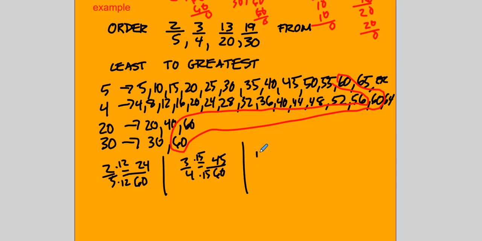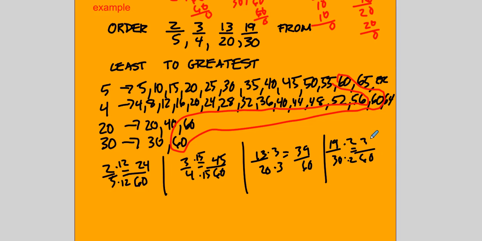Then 13/20 multiplied by 3 over 3, that's 39 over 60. Okay, so that's in between the other two. And finally 19/30 multiplied by 2 over 2, that's 38/60.